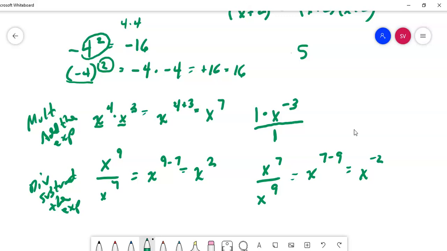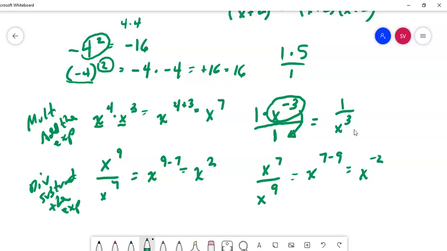Say if I have a 5, I could assume it's multiplied by 1 and divided by 1, and it's still 5. Same thing here. So if I have a minus exponent, and it doesn't matter if it's in the numerator or the denominator, an easy way to get rid of it is you just simply switch it over to the opposite part of the fraction. So if x to the minus 3 is minus on top, it will be positive in the bottom part of the fraction. So this will end up being 1 over x to the third. And that's how we would solve that.